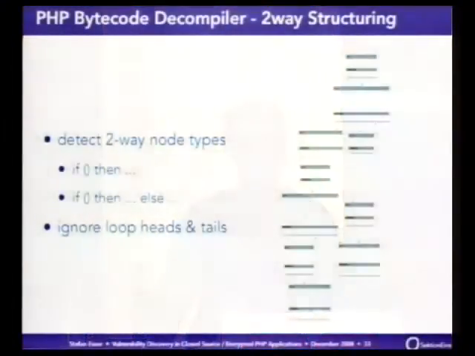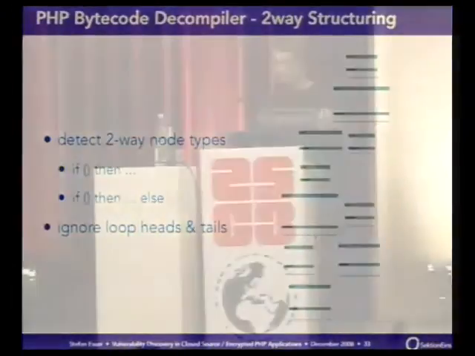After detecting the loops, you want to detect all the if statements, and therefore you just look at every node that has 2 follow nodes, and then you try to detect if it's an if-then or an if-then-else.